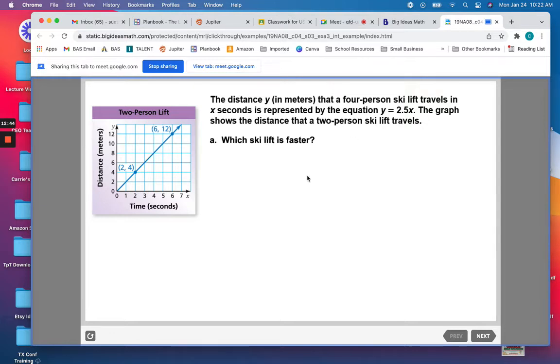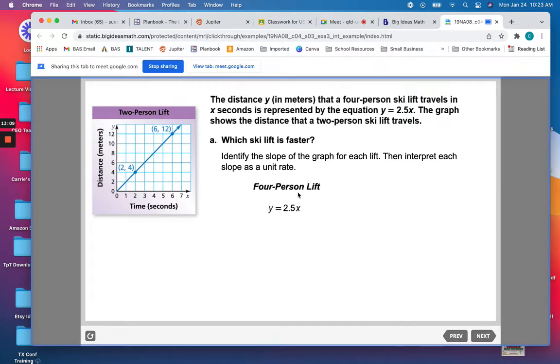We're going to compare the slope, because remember, the slope is our rate of change. It's how fast something is changing. So if the slope is smaller, then it's changing faster. So we're going to identify the slope for each graph and then look at it.